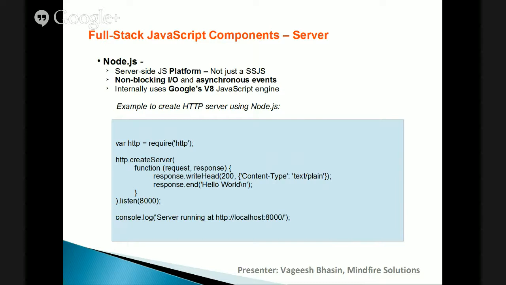I pass it a function which takes a request and a response. The request will come from the client side and the response will be the server response. So whenever a request comes, my HTTP server will respond back with a header, and I'm just printing hello world.